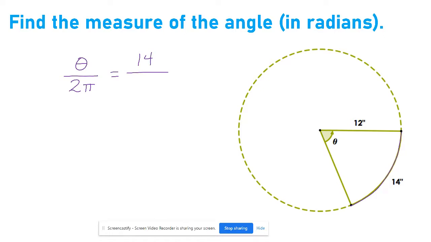So we have our radius is 12. C is 2 times pi times the radius. So 2 times pi times 12, or 24 pi. So 14 over 24 pi.